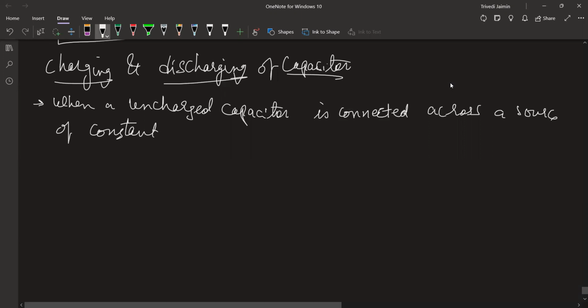Whenever we are writing this, imagine our fan capacitor, it will be easy to understand.